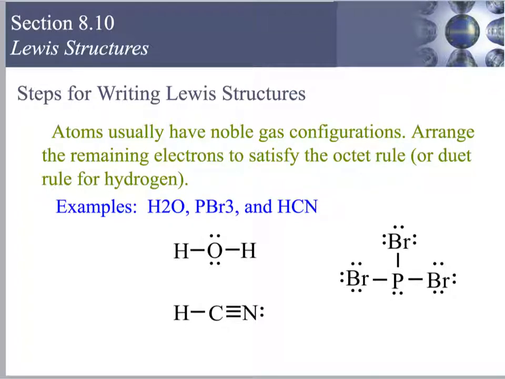Then we have 4 more electrons, so we put a pair of electrons around the oxygen here and another pair there, and now hydrogen is stable because it has 2 electrons, so each of those has 2, and then we have the oxygen, which has 8, so it's 2, 4, 6, 8 electrons. And we can also draw similar examples for PBr3 and HCN, and we'll do much more practicing of this as we move along.